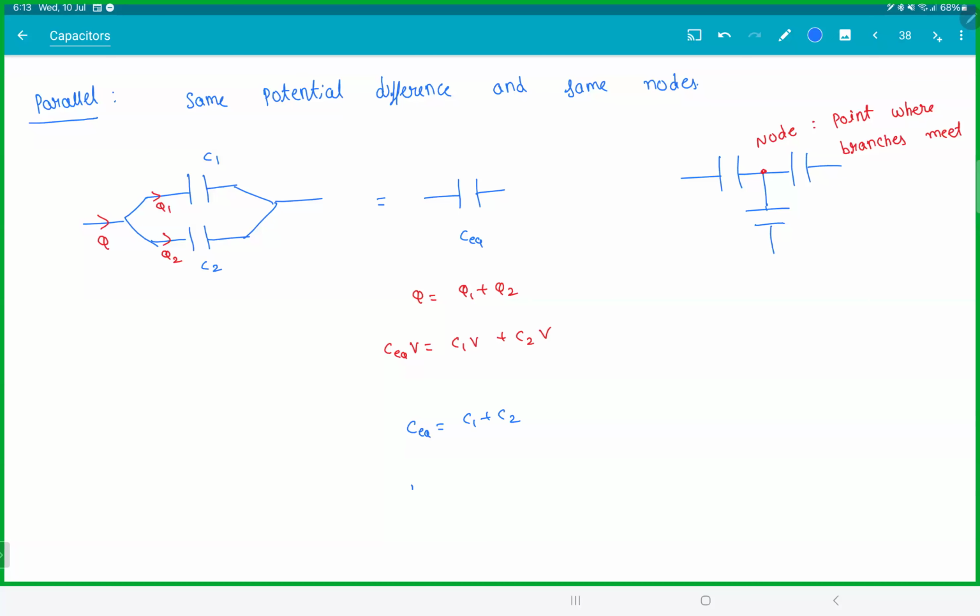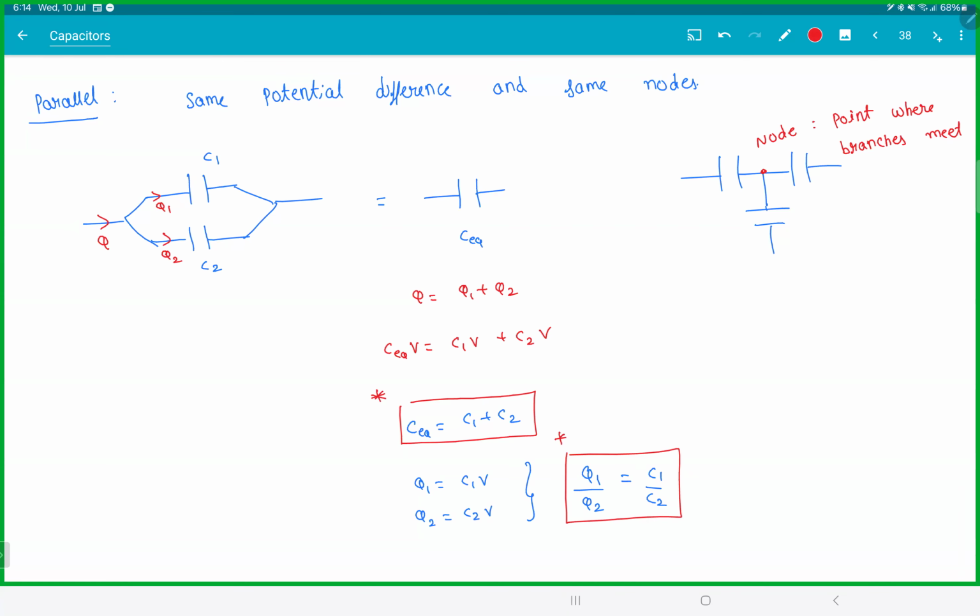And what about the charge? Q1 is C1V, Q2 is C2V. So the charge divides in the ratio of capacitance. More capacitance, more charge you get. We are just playing with Q equal to CV only. So the formulas are completely opposite of resistors.